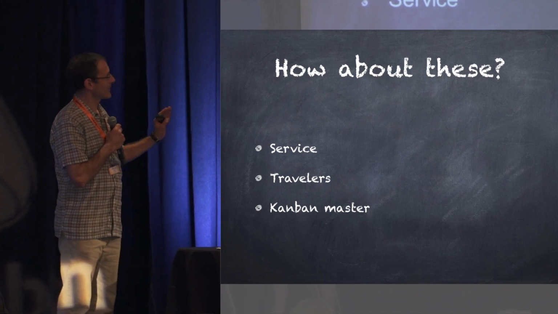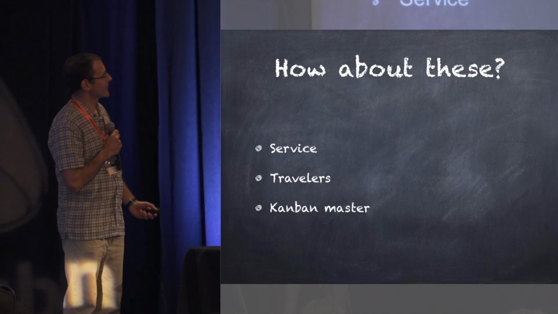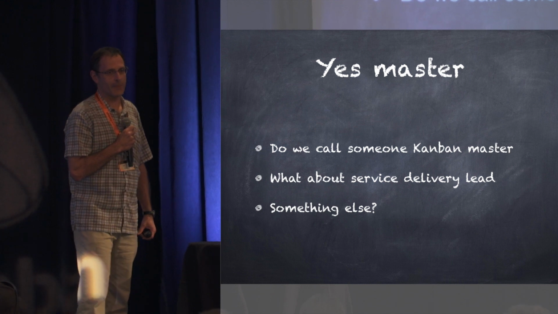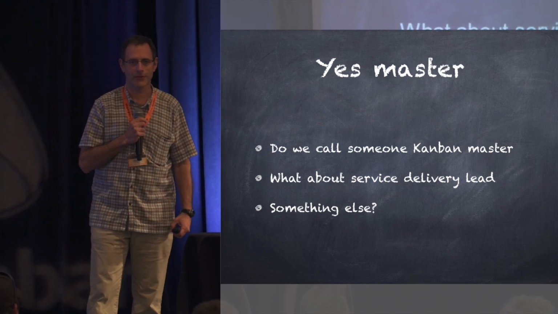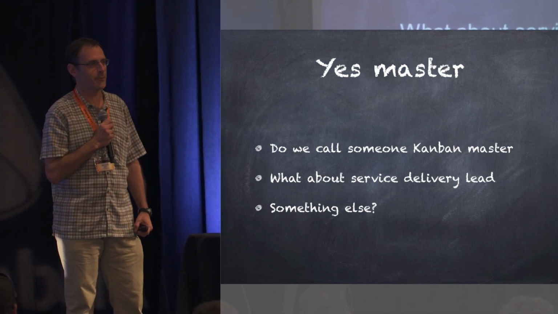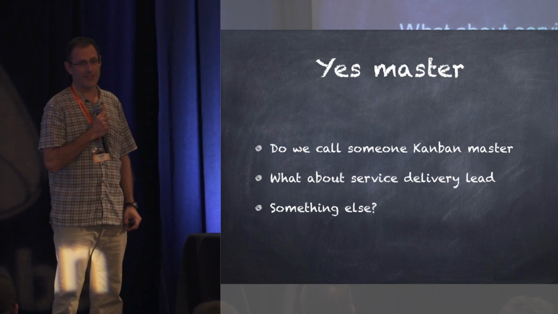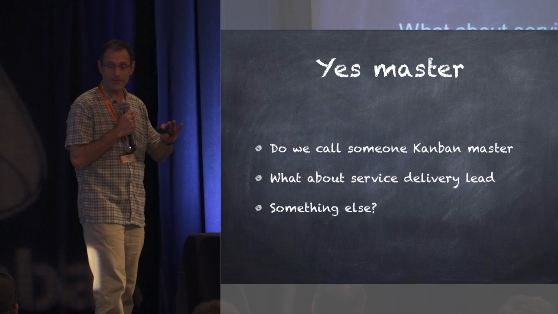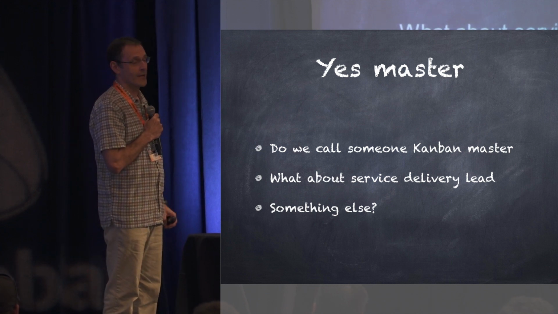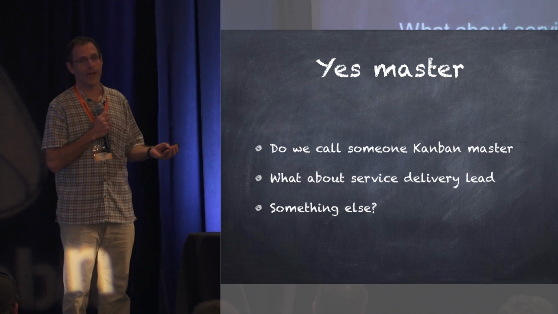And then Kanban master. And this is one that I like to kind of talk about a little bit. Yes, master. We've had this unfortunate trend at the company of calling people Kanban masters. In a servant leadership organization, having a master kind of rubs me the wrong way. Service delivery lead's another one that we hear.